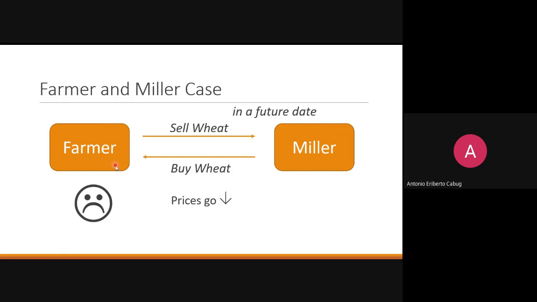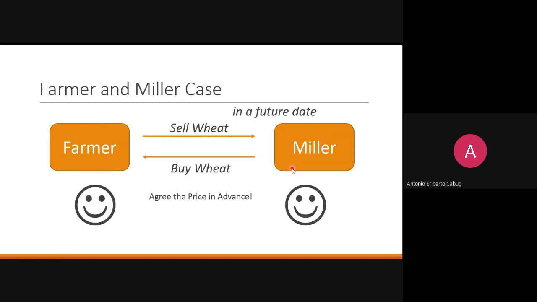To prevent both parties from worrying, what they can do is to already agree on a price, even though the delivery will happen in a future date. Agree the price in advance. This is the essence of forwards and futures. The prices are already set now, although the transaction shall take place in the future.